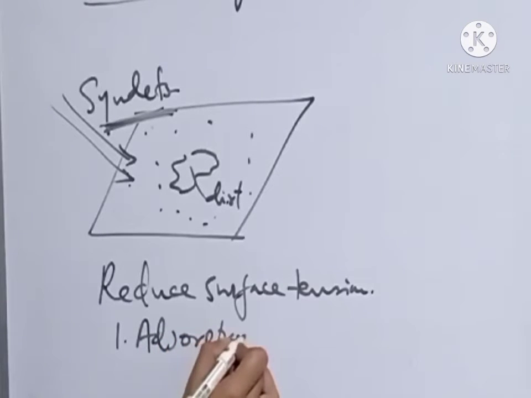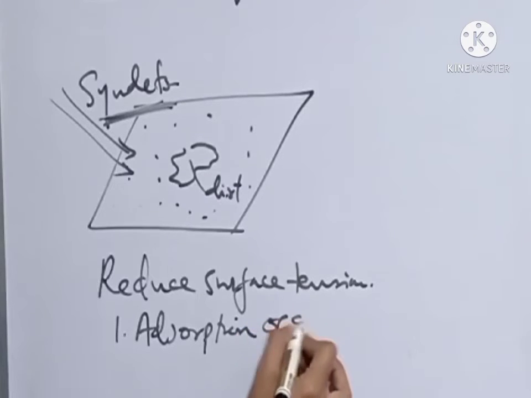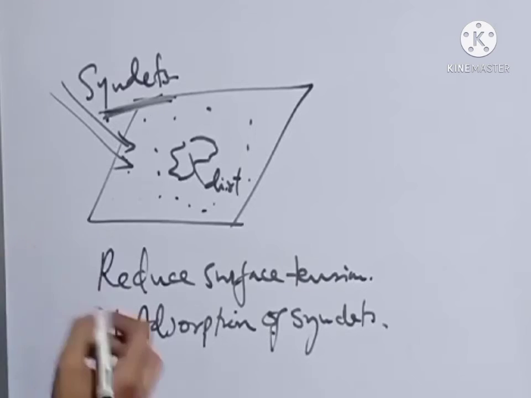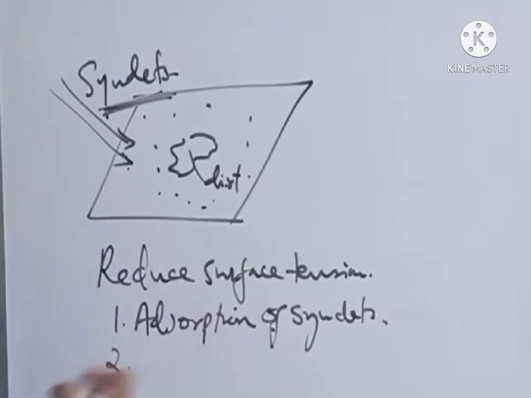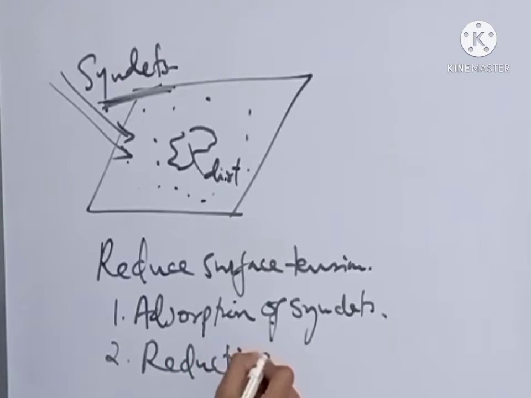The steps occurring here: the first one is adsorption of synthets. Then the second process, which normally occurs along with the adsorption, is reduction of surface tension.